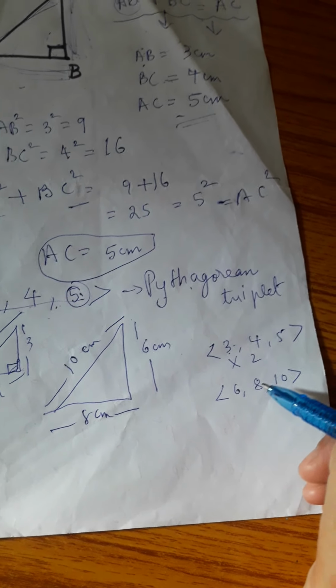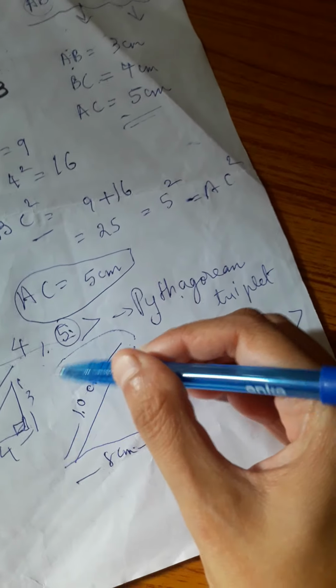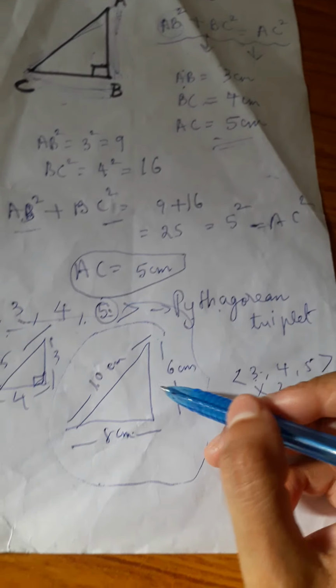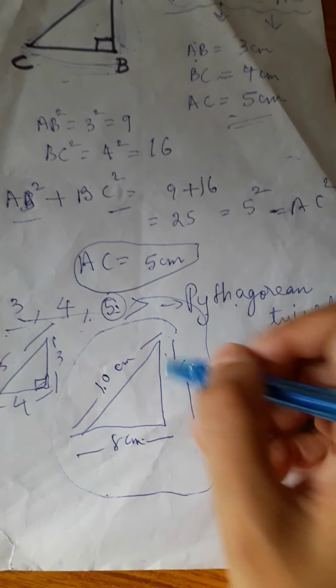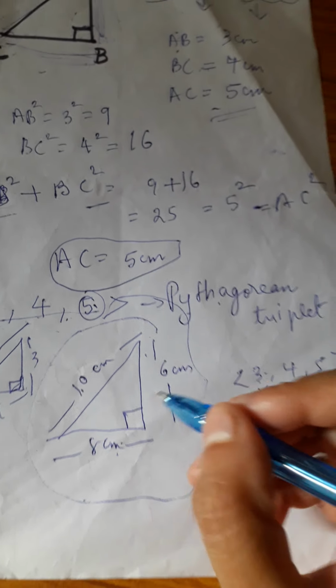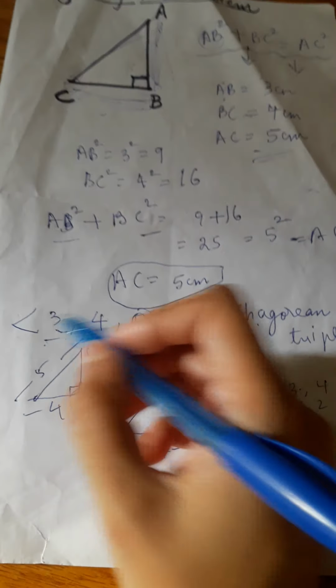So 6, 8 and 10 forms a right angle triangle. That is, a triangle with the sides as 6 centimeters, 8 centimeters and 10 centimeters will necessarily have to be a right angle triangle. It has to be a right angle triangle because it follows this, right?